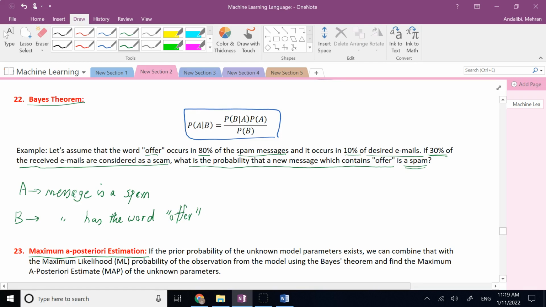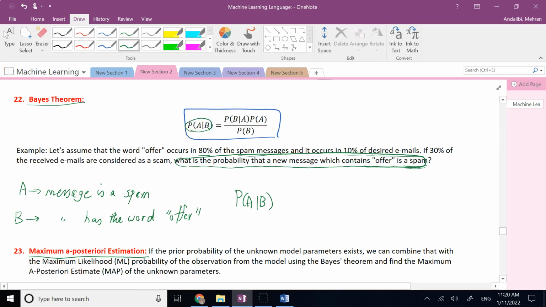So now clearly P of A given B, which is the chance of being a spam if it has the word offer, is exactly your question. So this term that I am circling is exactly P of A given B.